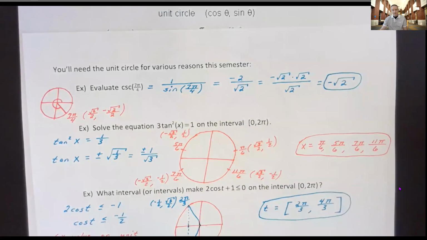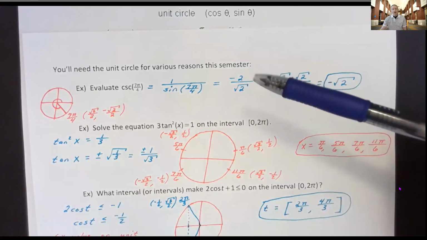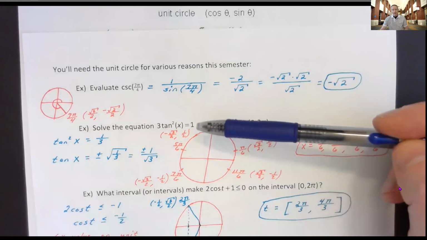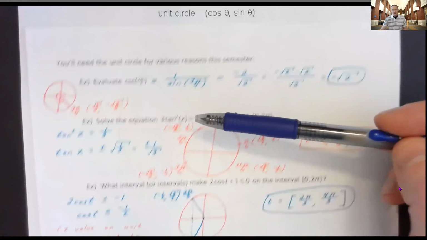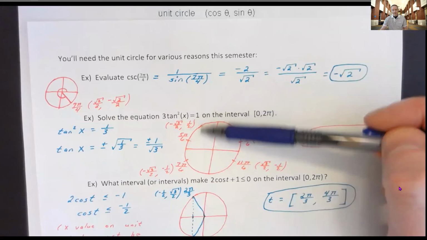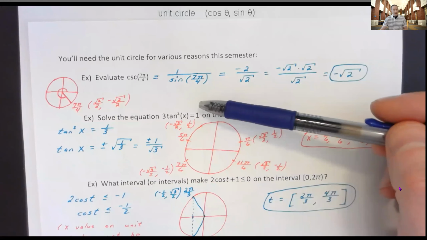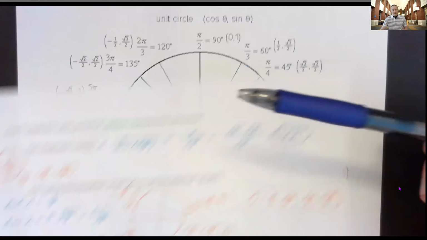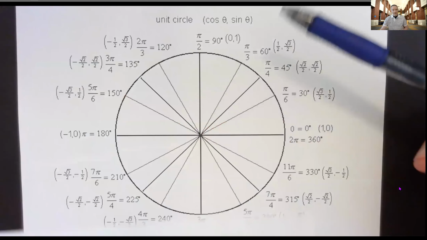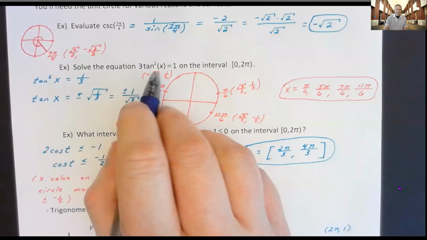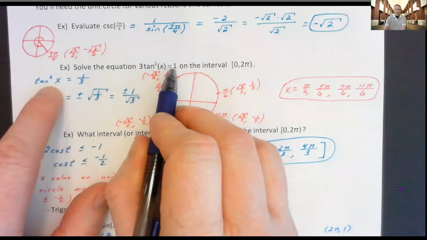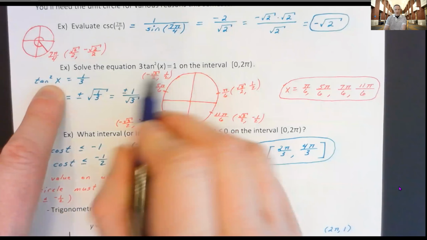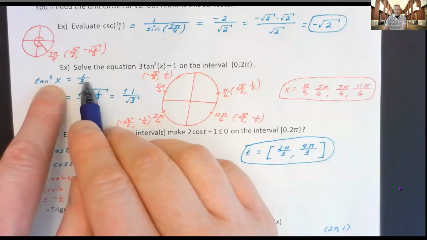Now, for this next problem, I have 3 tangent squared x is equal to 1. This is one where I think a lot of people, if they don't have a firm foundation of the unit circle, would really struggle. If 3 tangent squared x is equal to 1, then tangent squared x is equal to 1/3.